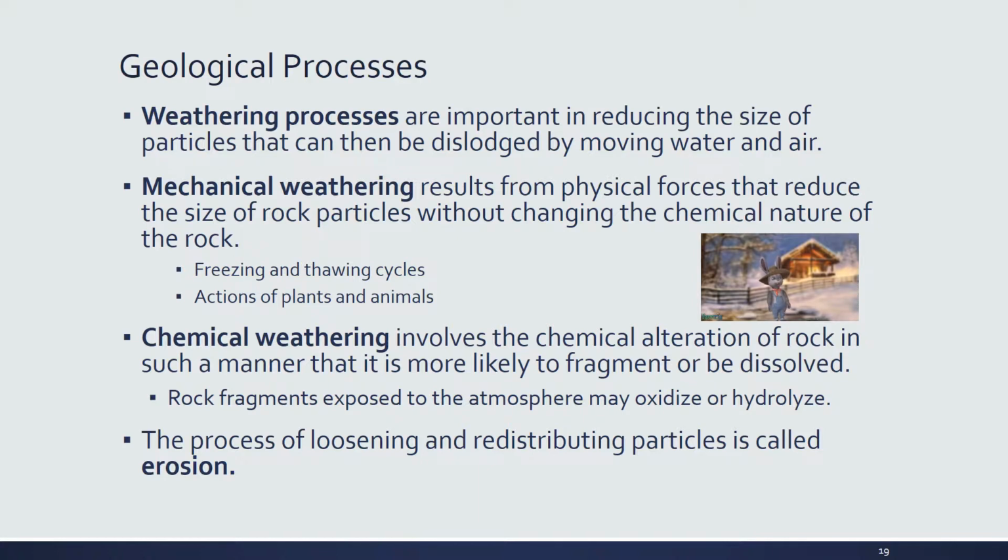So when we look at how soil forms, all soil forms from rock. And if you take geology, you're going to learn all sorts of different types of rocks or minerals that soils can form from. Each type of mineral or rock component can produce a different type of soil.